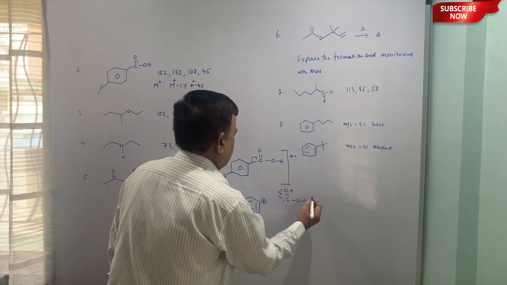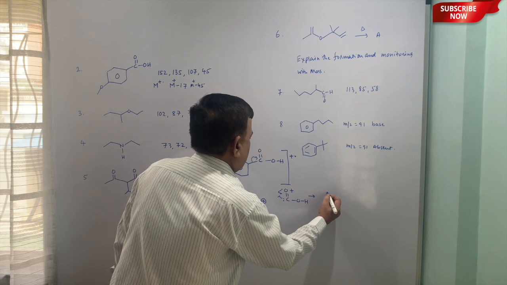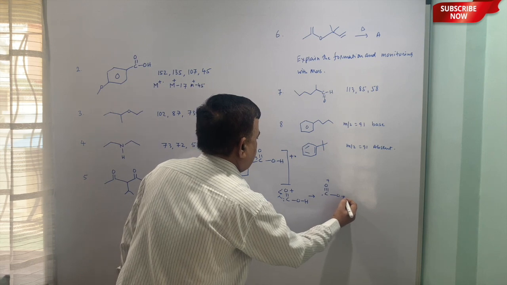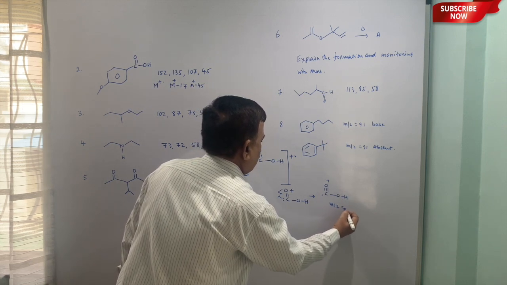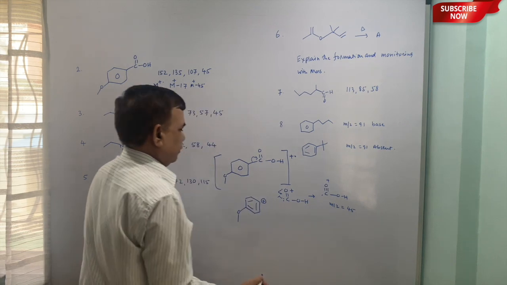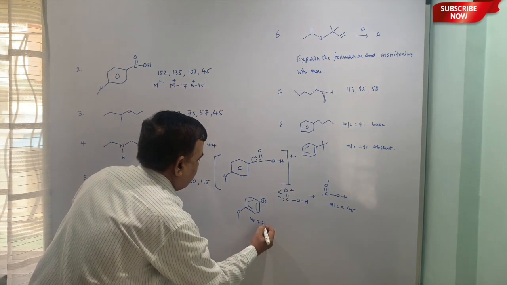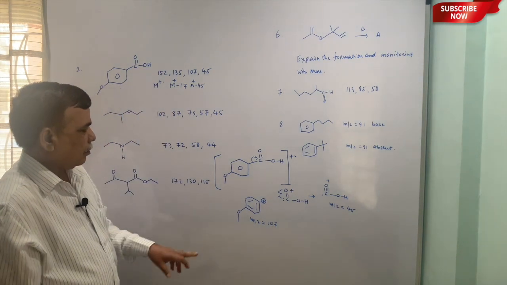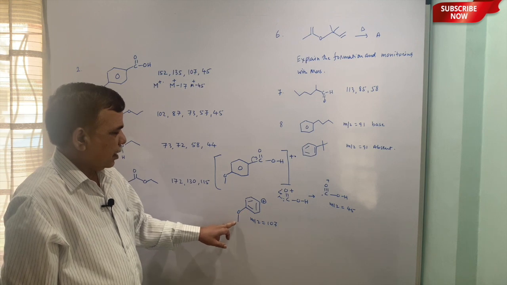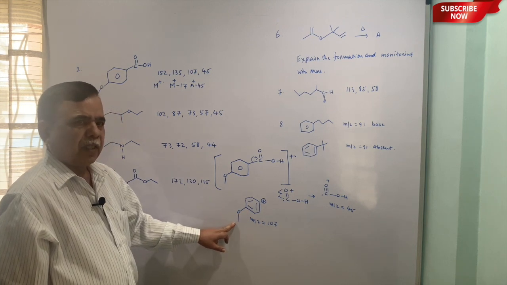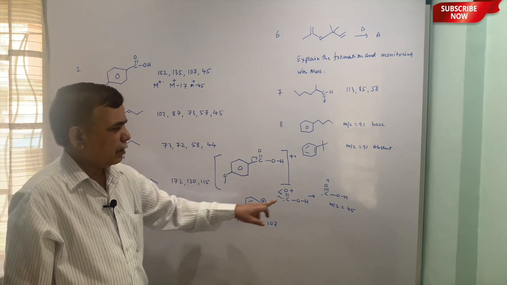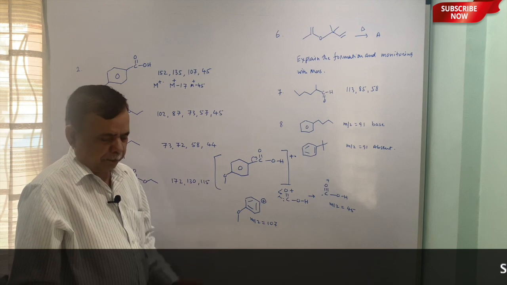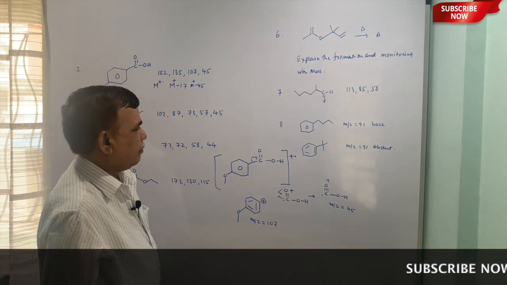So these two radicals will merge, or fuse, and you get this, m/z equal to 45. This is m/z equal to 107. 76 and 31, that is 107. So 107 and 45, they are complementing, and it is initiated by the heterolytic fission of the side chain.